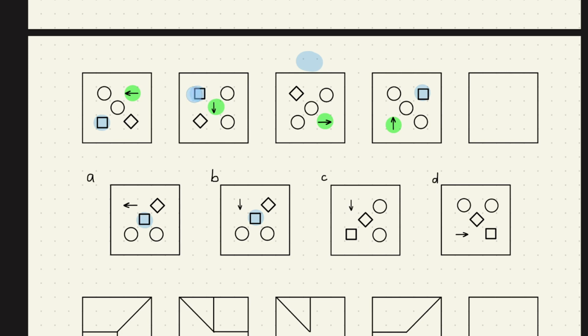So I can assume that the arrow is rotating anti-clockwise in every step of the way. So if it's last here, I guess the arrow will then be this one. So our answer is option A.